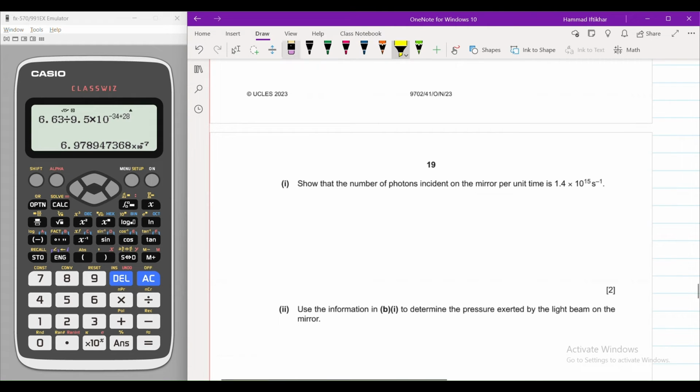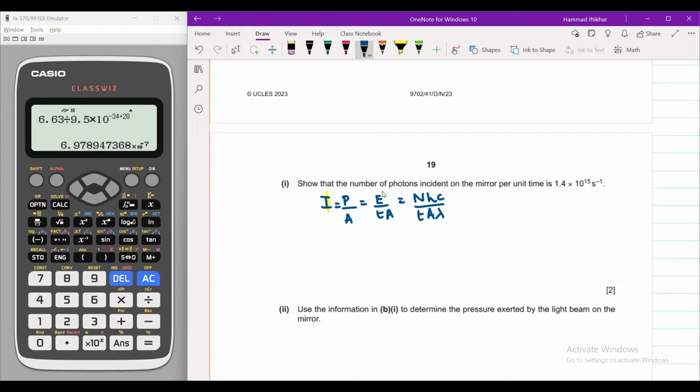We know that intensity is equal to power over area, and power is energy over time. For the photons, with n as the number of photons, the energy is n h f, and f is c over lambda. So I equals n h c over t A lambda.